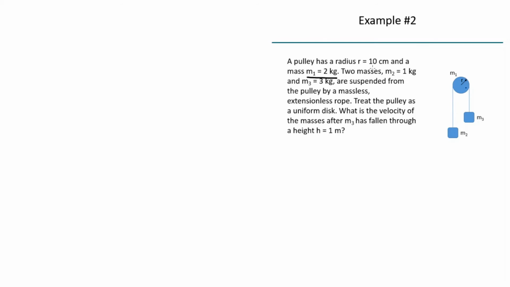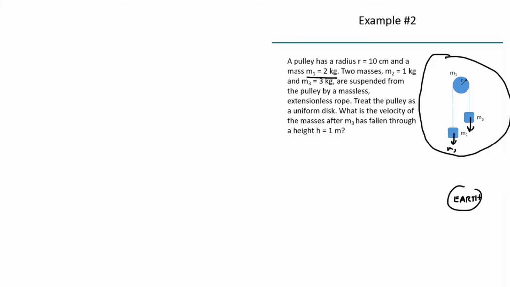Well, let's think about the forces acting on this system. So our system is going to be these three masses, the pulley and the two hanging masses, plus the earth down here. The potential energy of the system involves the earth as well as all of this. Okay, so the earth exerts gravitational forces, m2g, m3g, and m1g down on all of these.